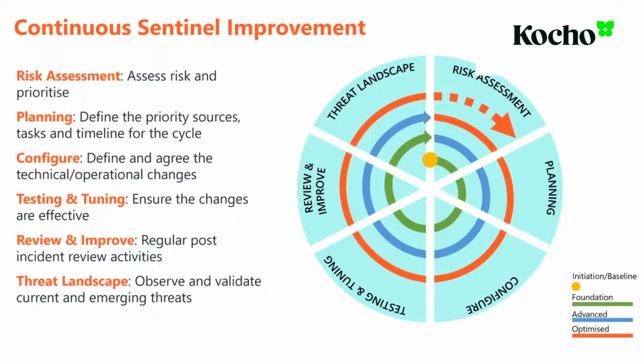And as you move through foundation into advanced, you can then start thinking about how can I start applying some orchestration and automation? Now I've got this platform that is my foundation, how can I start adding some advanced capabilities? And then building upon that through into the optimized side of things.